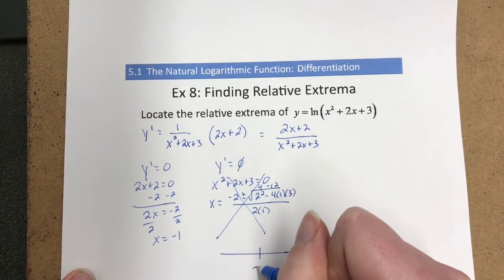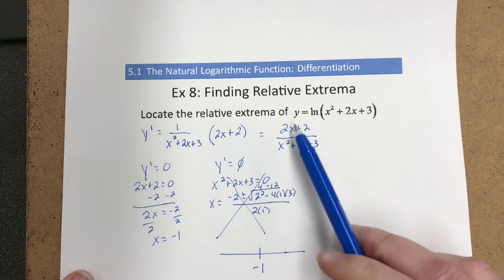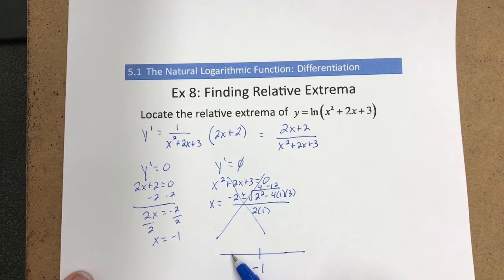So I'll put that on my little number line here. And then I will pick a value on this side of negative 1 and plug it in. Pick whatever you would like.